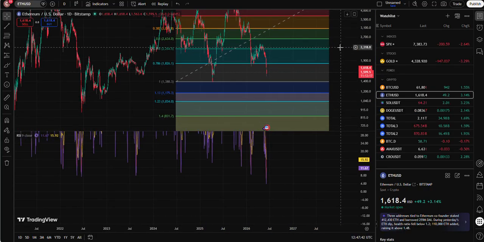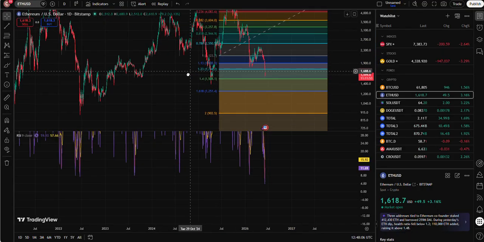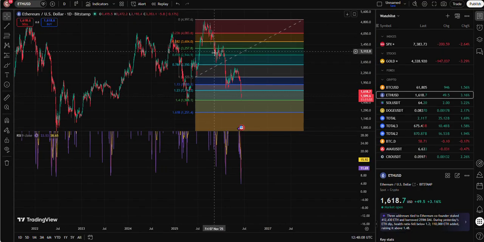But after below 1.13 is this after 0.786 normal. This is the target. Yeah, we can know this maybe will come back and next time we go lower. We'll see.